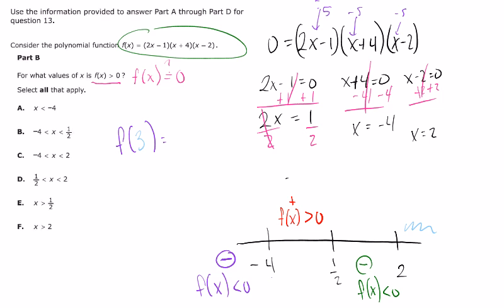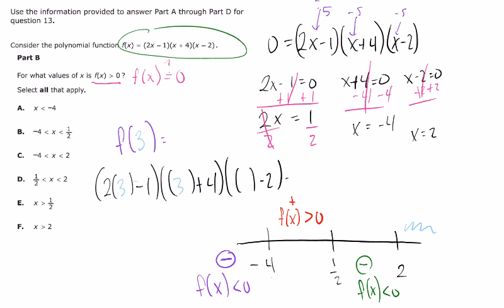And so I'll get 2 times 3 minus 1, 3 plus 4, and 3 minus 2. If I work this out, 2 times 3 is 6, minus 1 is 5. 3 plus 4 is 7, and 3 minus 2 is 1. So that comes out positive.